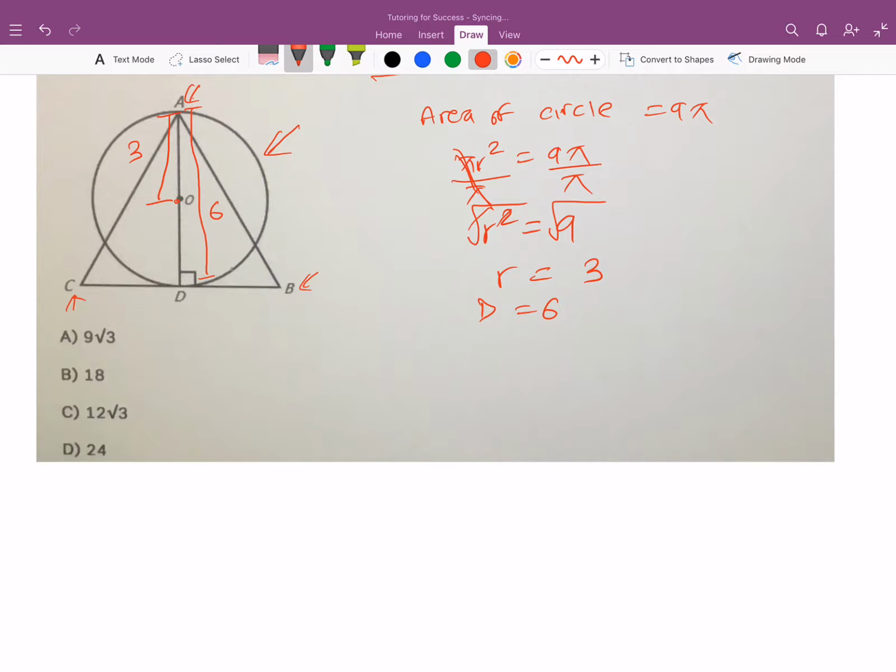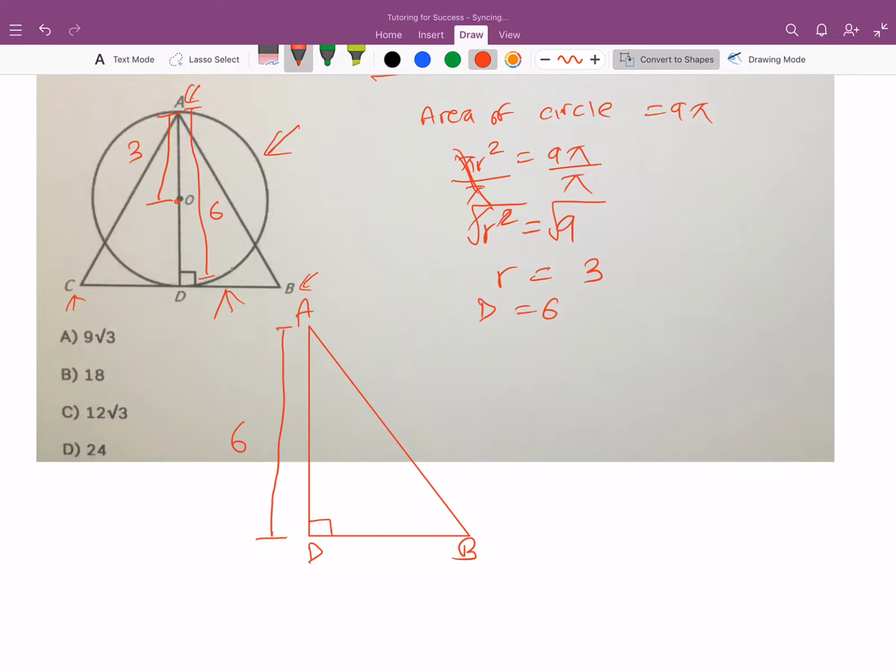This is one of those concepts where you can use a triangle. Let me draw this part properly so they connect. I have this triangle which is 90 degrees here, triangle ADB, and I found this side to be 6.